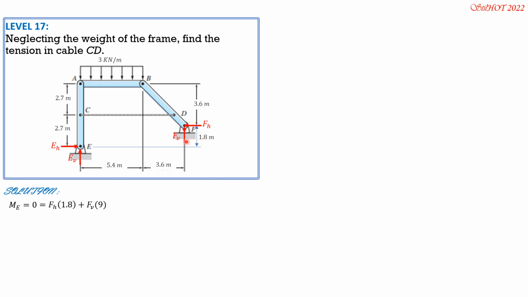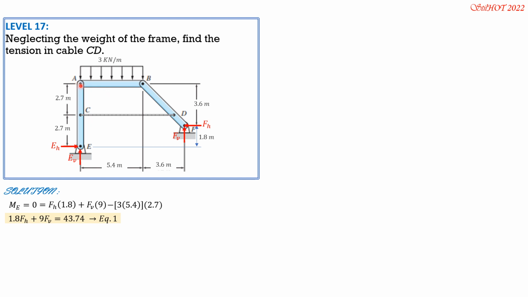Then plus FV times 5.4 plus 3.6, which is 9. Then minus 3 times 5.4, with moment arm 2.7, or 5.4 over 2. So establishing the first equation, 1.8 FH plus 9 FV equals 43.74 kilonewtons. Call that equation 1.